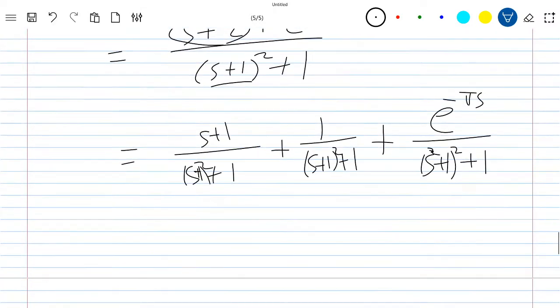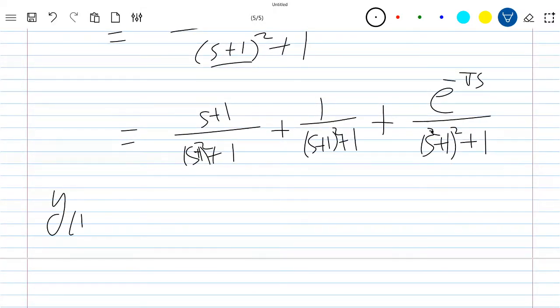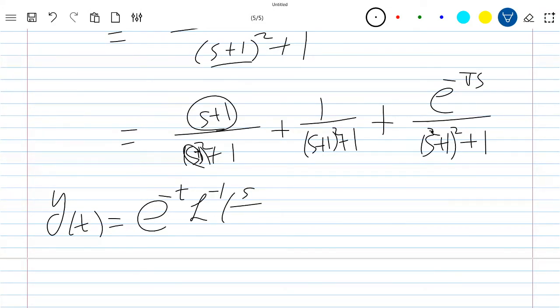Alright, now let's see, what is little y? You have s plus 1, right? That means you have e to the at, and a is negative 1. Remember that shift? Then you have to do the inverse transform, replacing everything by s. And this is just direct.